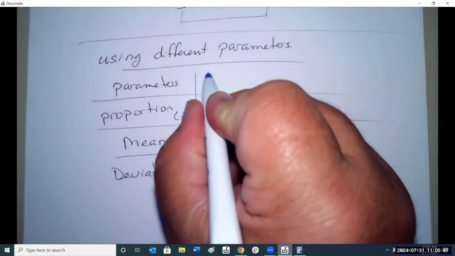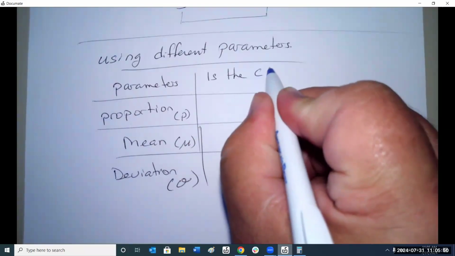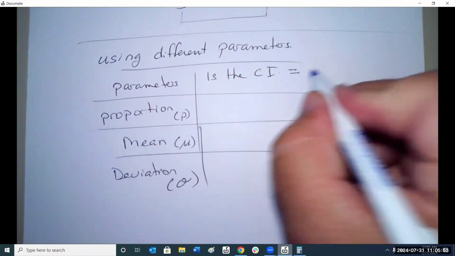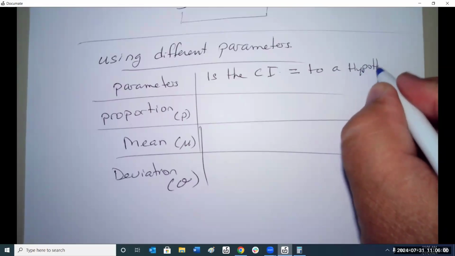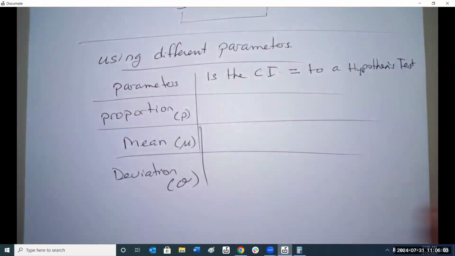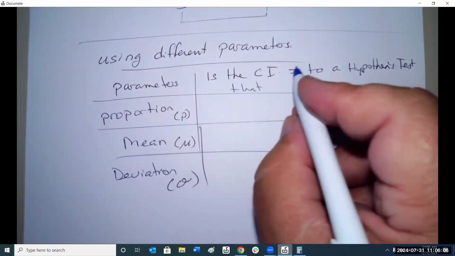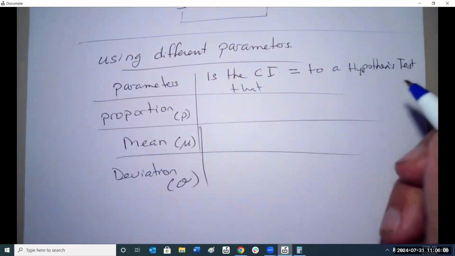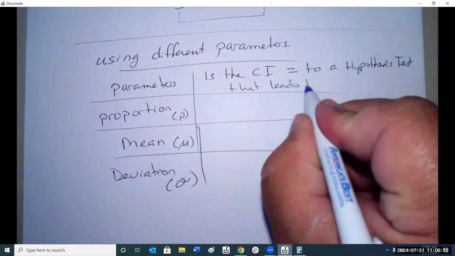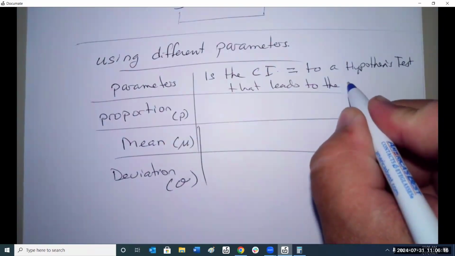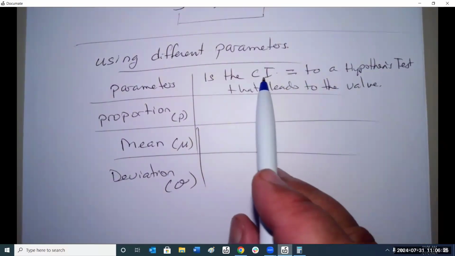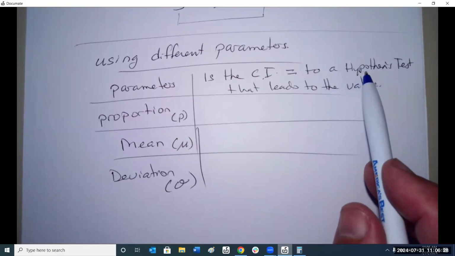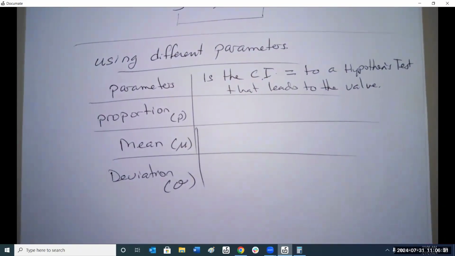So what this is saying now is, is the confidence interval equivalent to a hypothesis test that leads to the same conclusion?